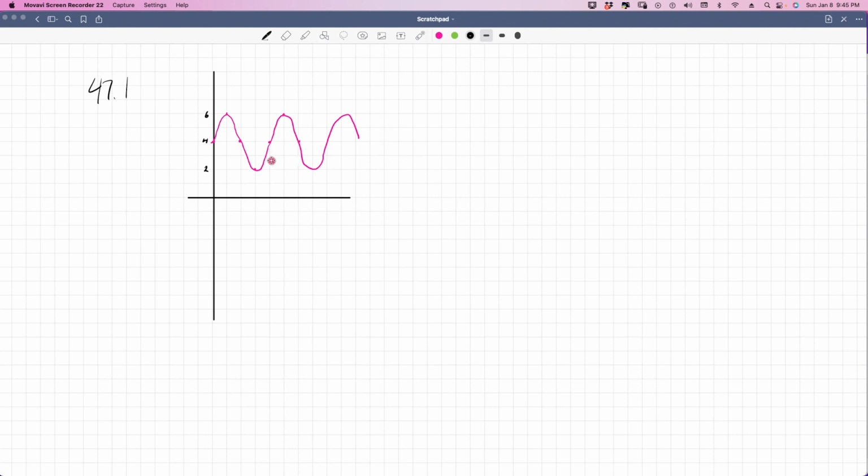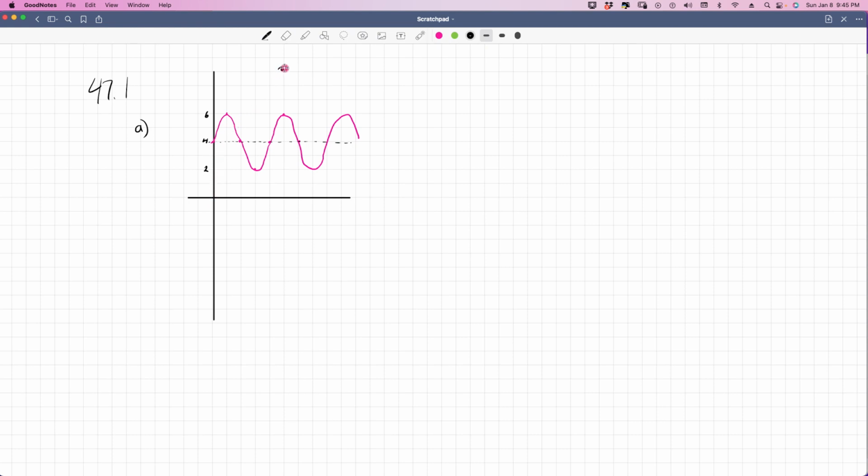So here's our first practice problem, 47.1, and this is A. And this is a sine because it crosses at the midline right here. This is the midline of our sinusoid. But our midline is not at the x-axis. It's up the y-axis.